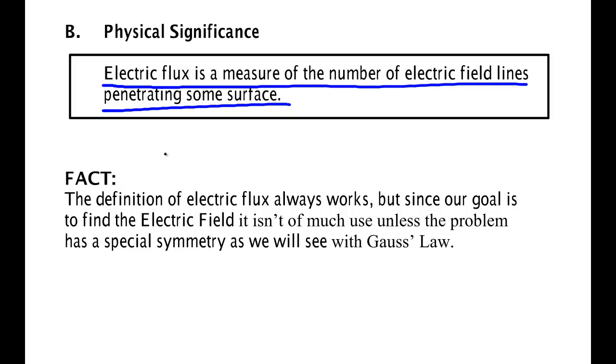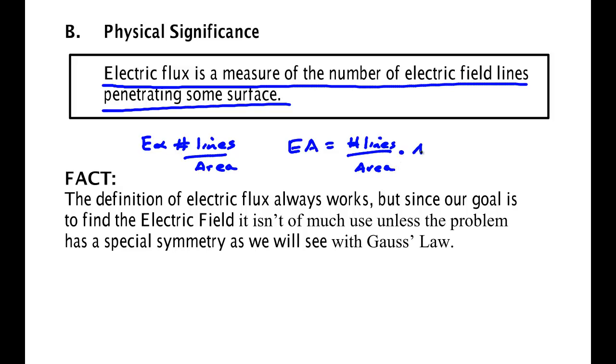Something else. Remember that the electric field is related to the density of lines. That's number of lines per area. And now you've taken E and multiplied by A. So you got number of lines per area, and you multiply by area. I should say proportional. So naturally it's now proportional to number of lines.